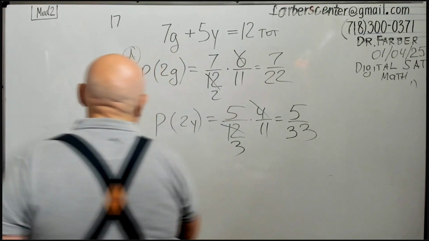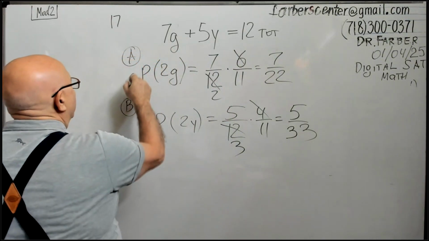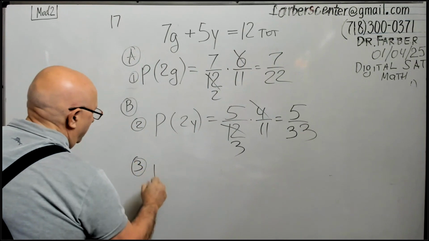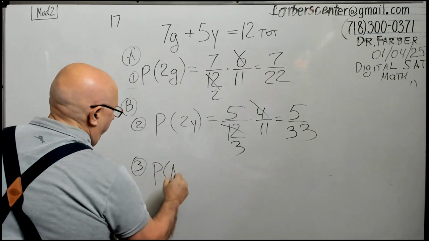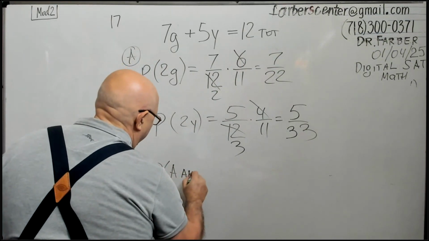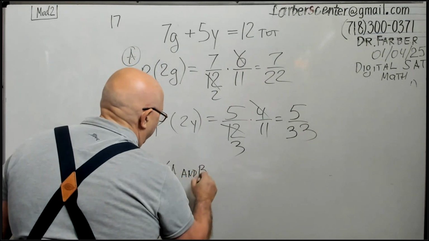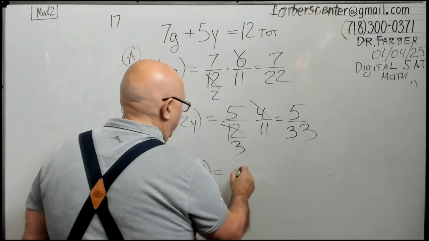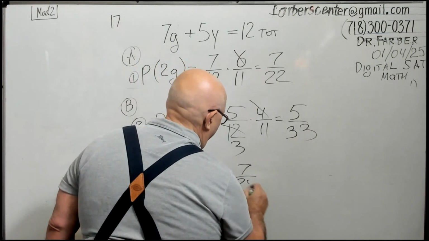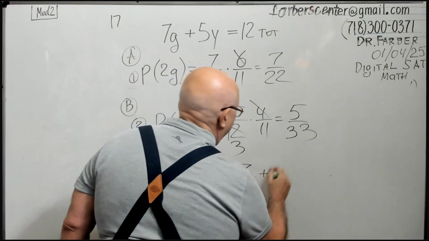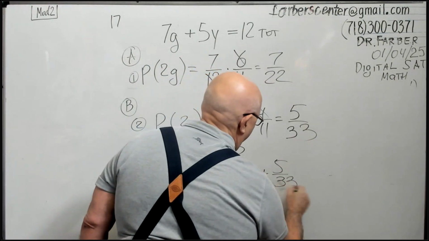When you have probability, it's step number 1, step number 2, step number 3. Probability of case A and case B, you have to add them up. 2 over 11 times 2 plus 5 over 33.